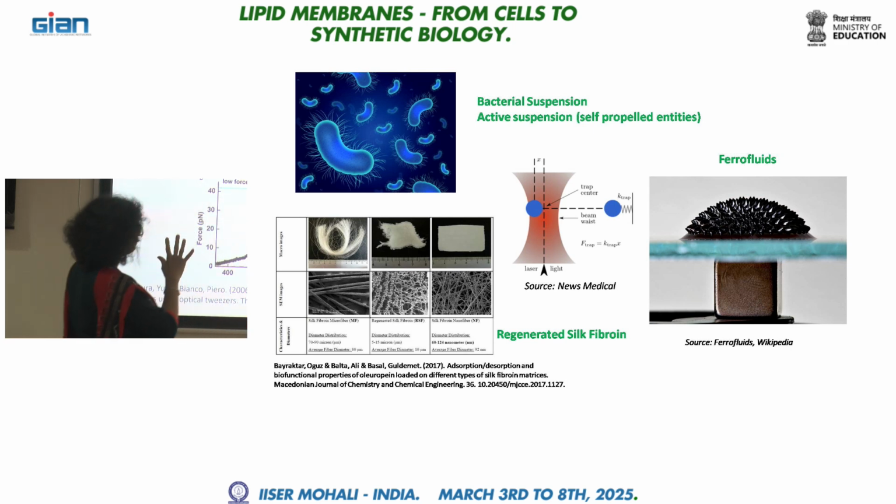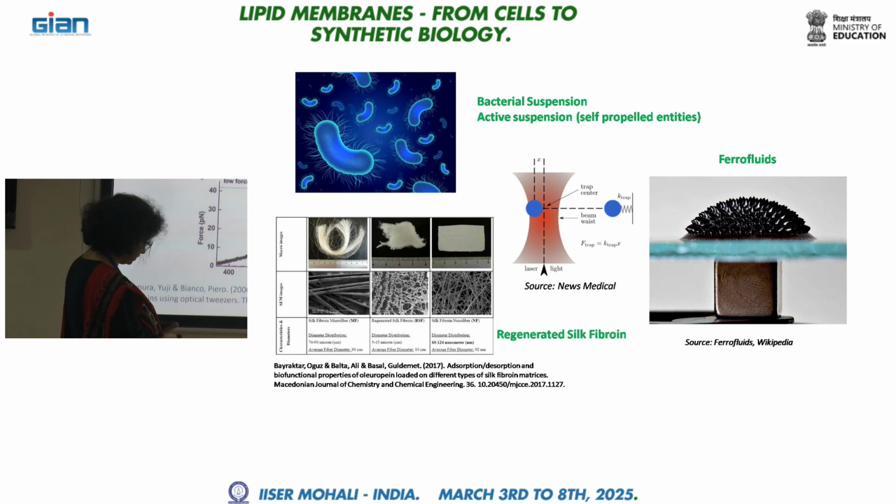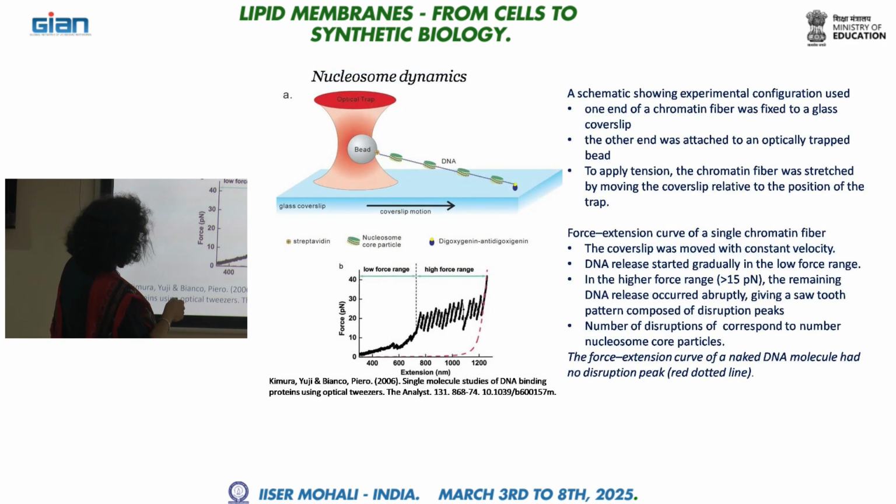So these are certain kinds of applications which I've picked up from other papers. Here, as you notice, everything is being done with a single trapped bead. What has been done over here is that they have taken a DNA strand, and these are essentially the nucleosomes.